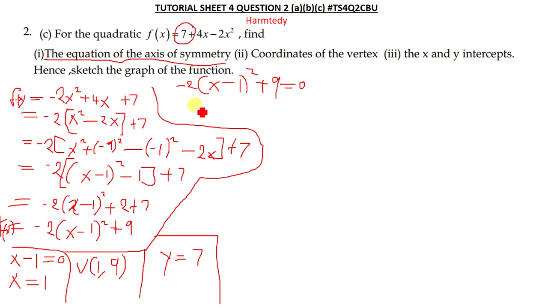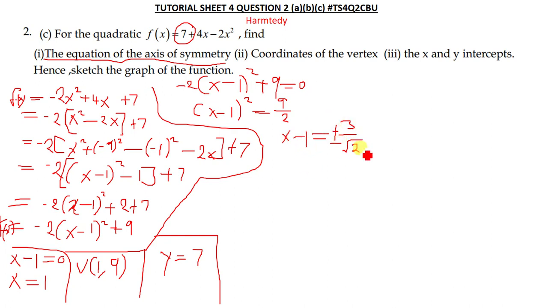Then when you divide by 2, you have something like this, x minus 1 squared being equal to 9 over 2. When you find the square root of both sides, you get x minus 1 on this side, and on the other side you have 3 over the root of 2. Of course, this is supposed to be plus or minus.